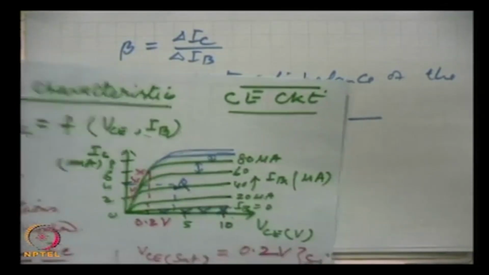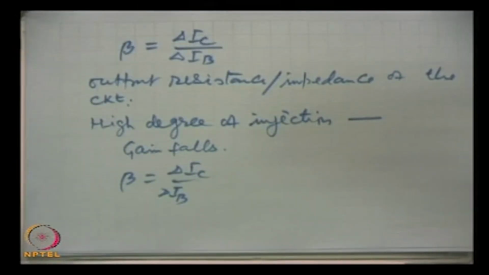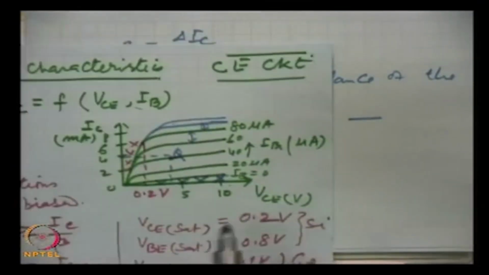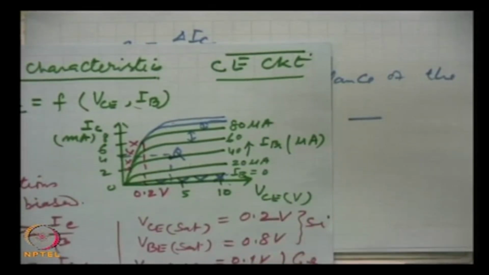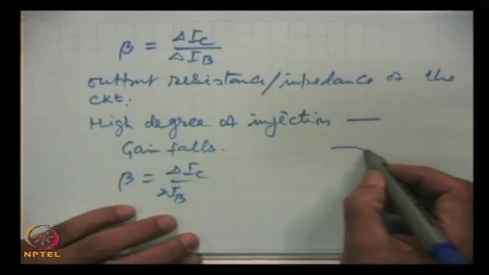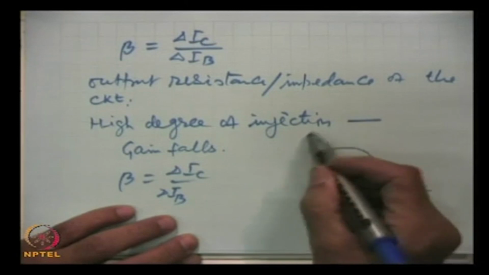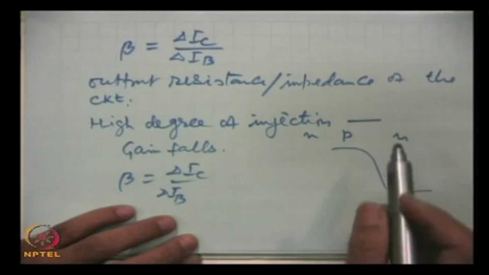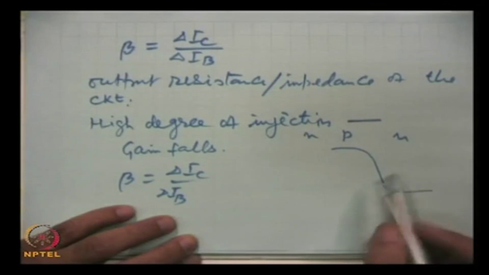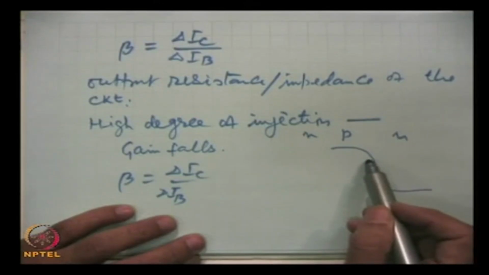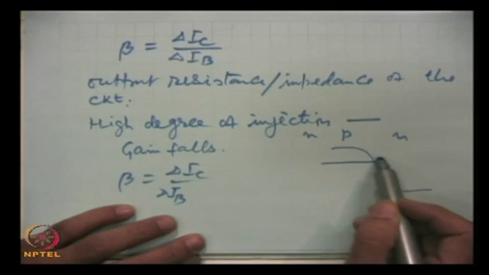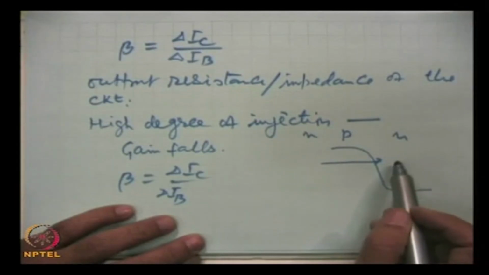This is one reason. The other point is that we have said the collector junction is reverse biased, and if we look at the potential energy diagram, this is N P N, and this junction is reverse biased, and all the electrons crossing the base region are collected here.